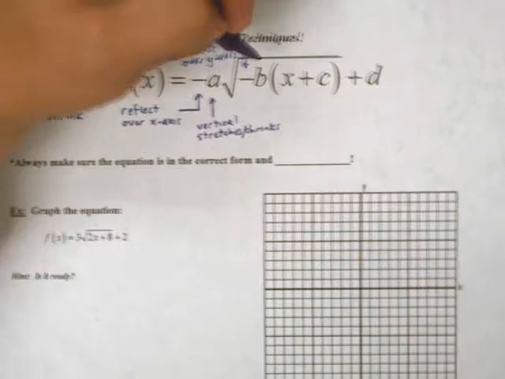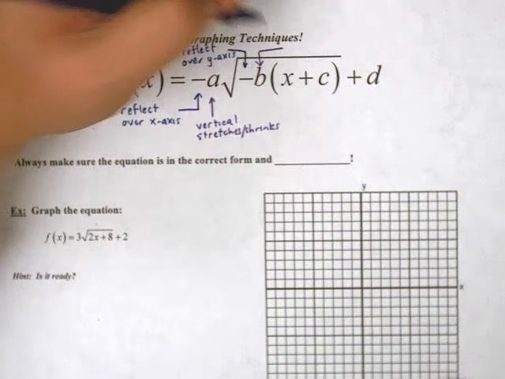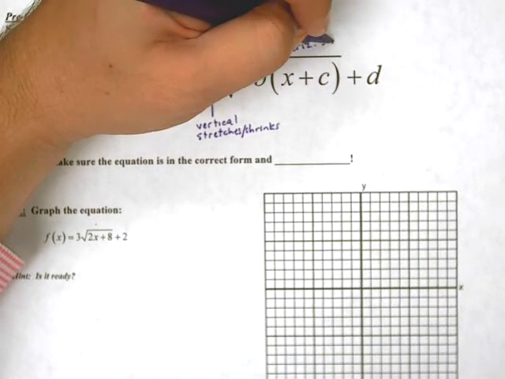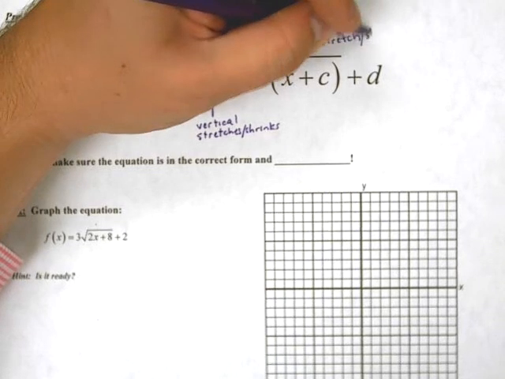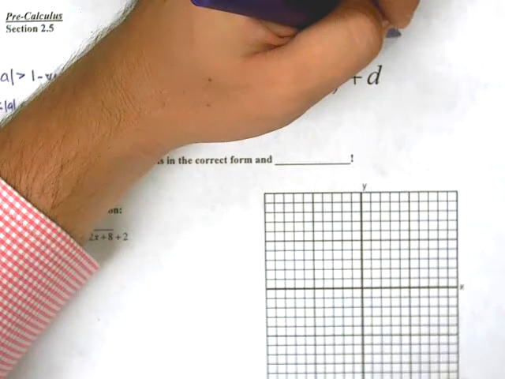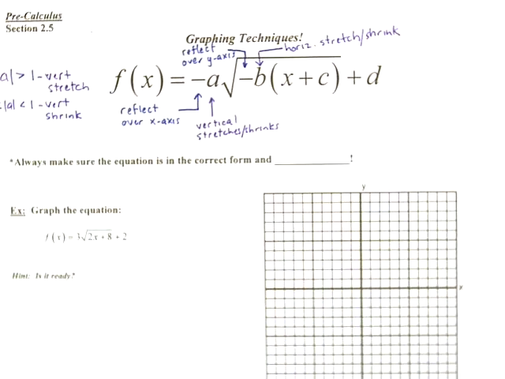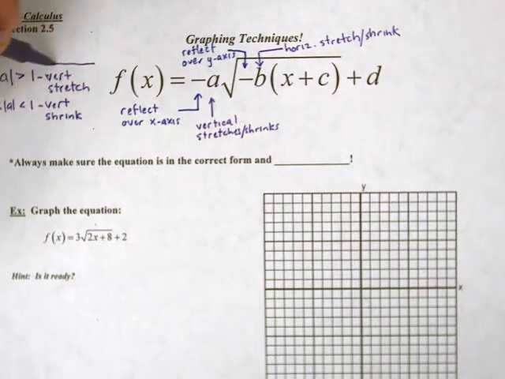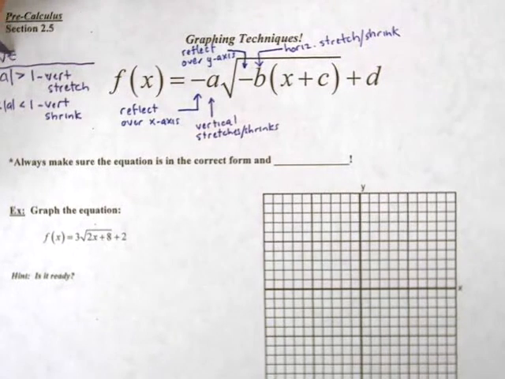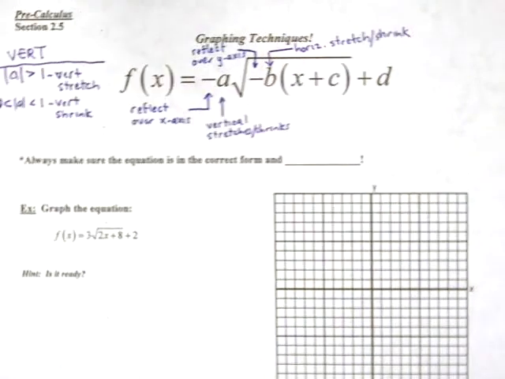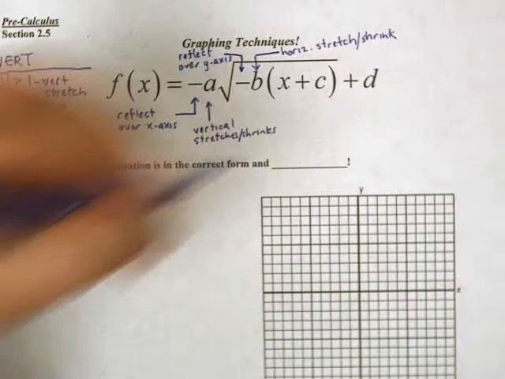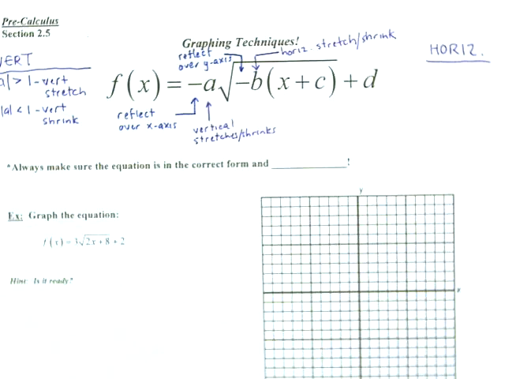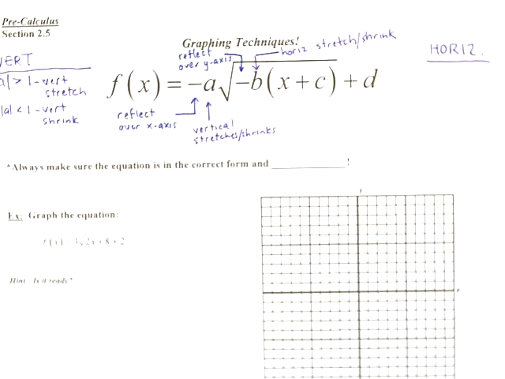Alright, we also know that the b value tells us about the horizontal stretch or shrink. So let's make a rule over here on the right. Let me label this a little better so we don't get confused. Those are vertical. Now our horizontals are over here. Everything's kind of flipped, right?